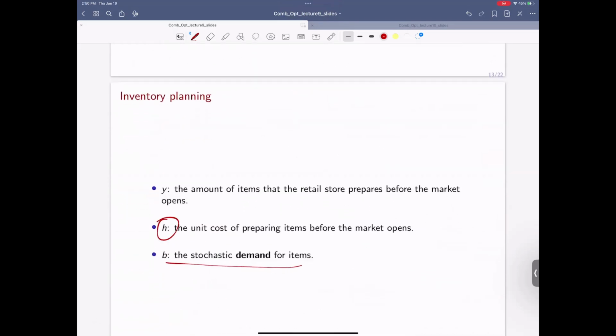Even though demand is stochastic, if the cost of buying or preparing items is low, then you can just prepare a large amount to cover the stochastic demand. But when the cost of preparing, securing, and ordering items is high, then having a large amount of items can be expensive. So we need to consider these two aspects.